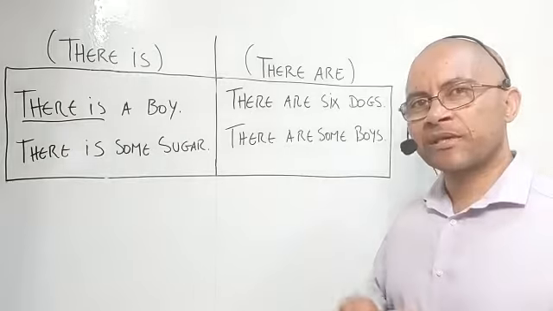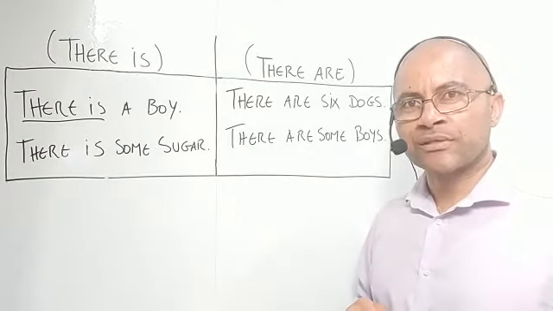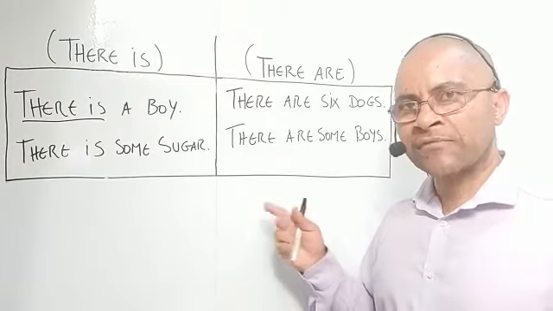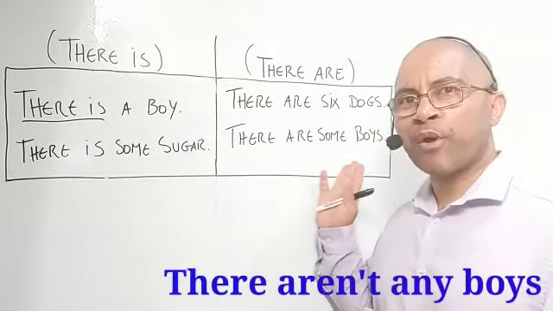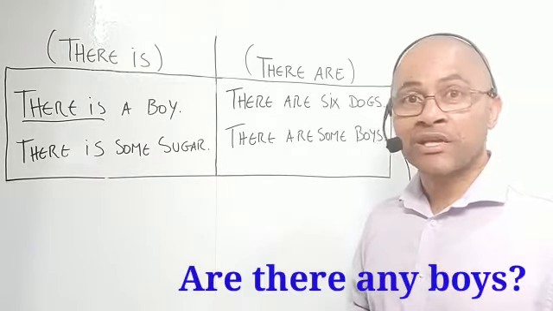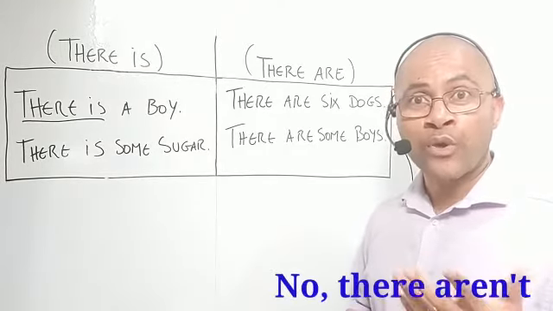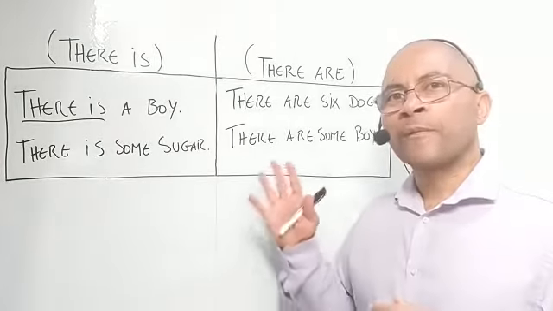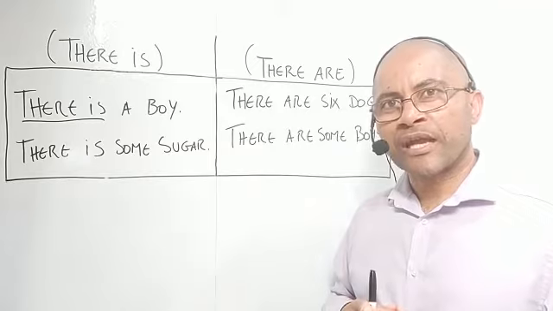But with the affirmative, we can use some. For example, there are some boys. Negative, there aren't any boys. And question, are there any boys? Yes, there are, or no, there aren't. Okay? Remember, there is and there are very important in English.